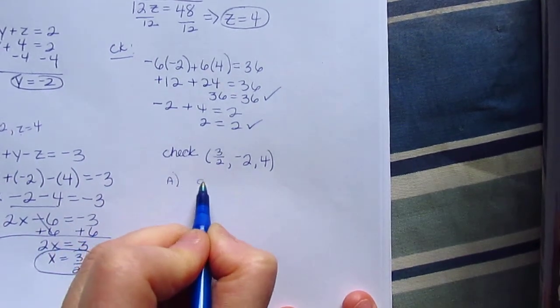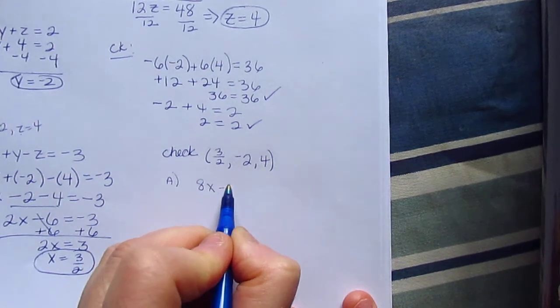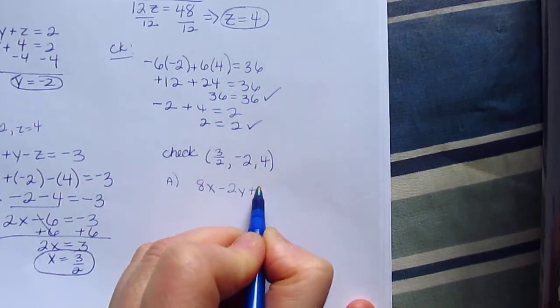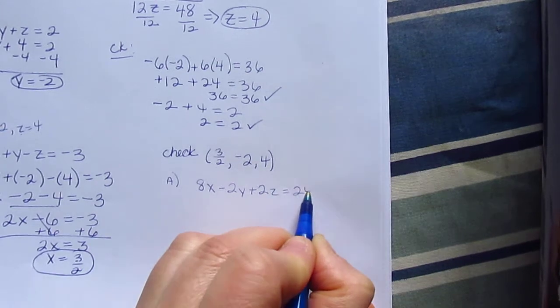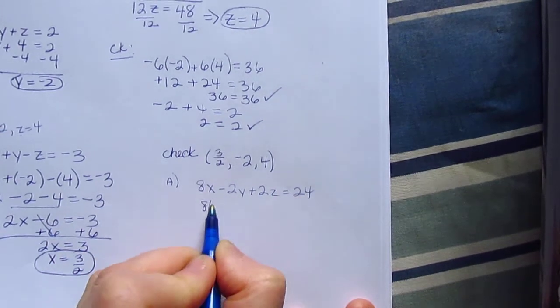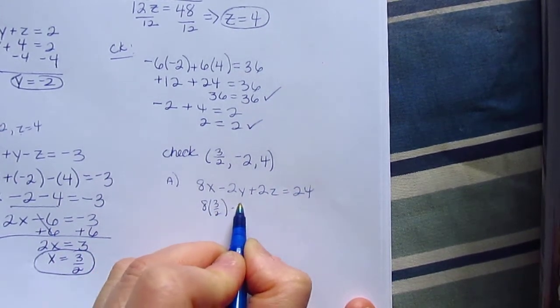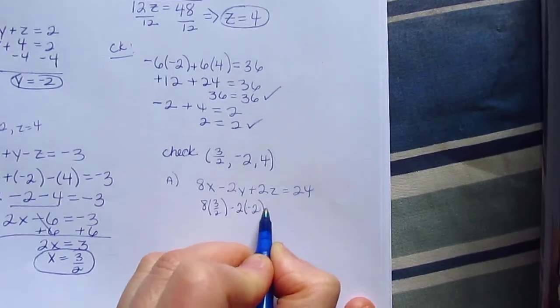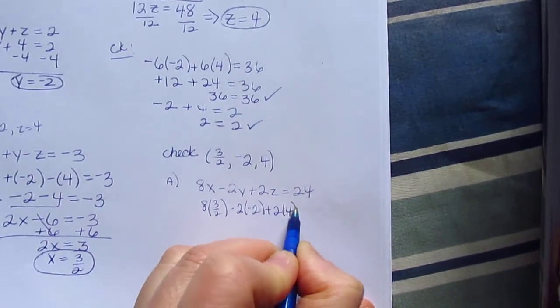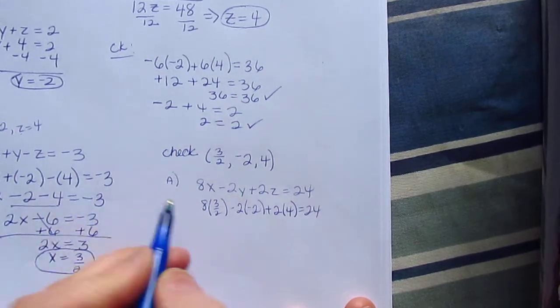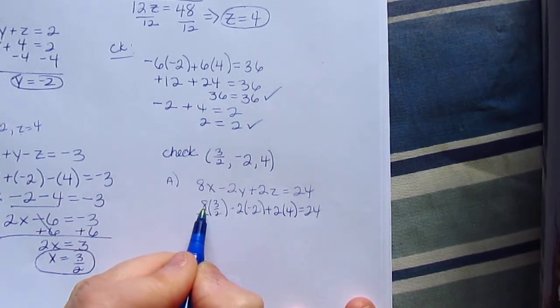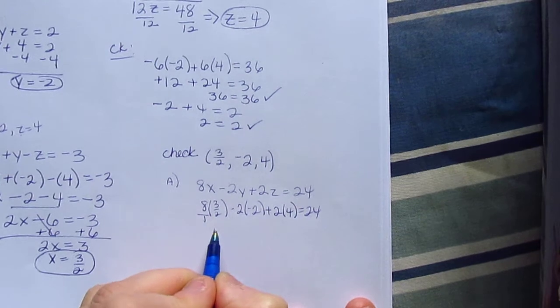A, I'll write the equation down, and then I will substitute. 8 times 3/2 minus 2 times -2 plus 2 times 4 equals 24. This is 24 over 2, which is just 12.